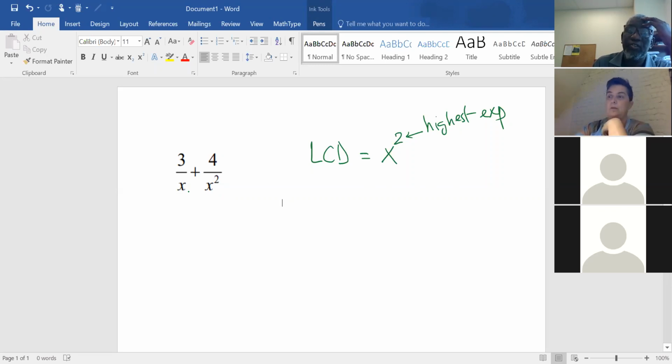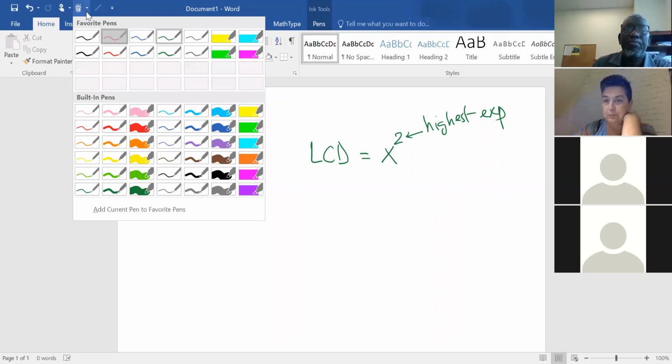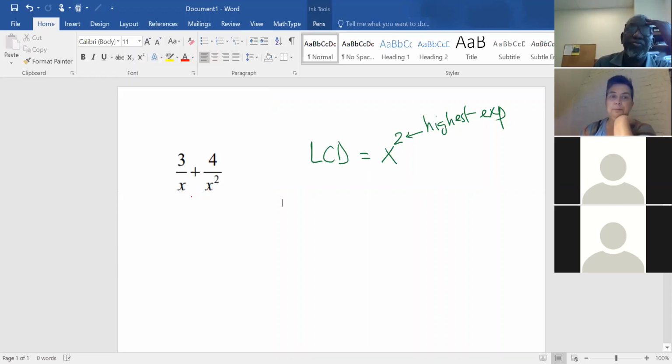I don't. How much do I need to multiply the denominator by to get x squared? By another x. You see, x times x is x squared. Since I did it at the bottom, I have to do it at the top.